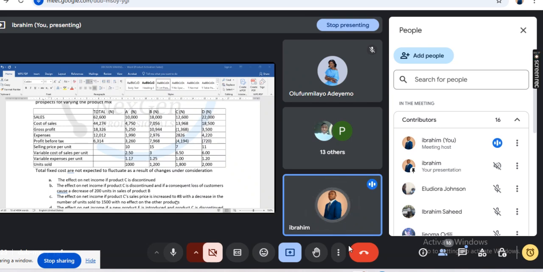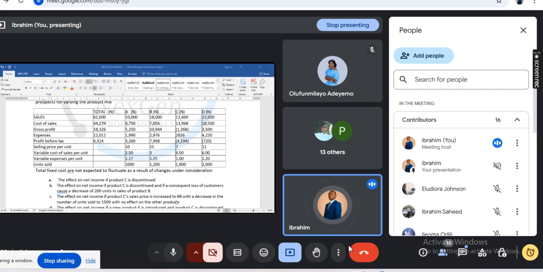Rational consumer, we look at it, most especially products that have substitutes. You increase Pepsi to 500. How much is Coke? Coke is 400. Oh yeah, now they play. There are substitutes.